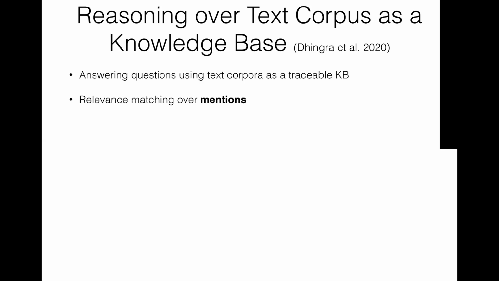So there's basically a one-to-many mapping of entity to mentions. In natural language text, entities are always instantiated as one of their mentions. So if you want to query over the textual corpora, you have to match your query in mention space.